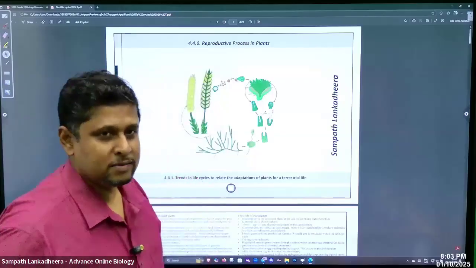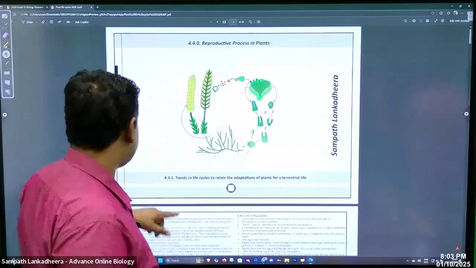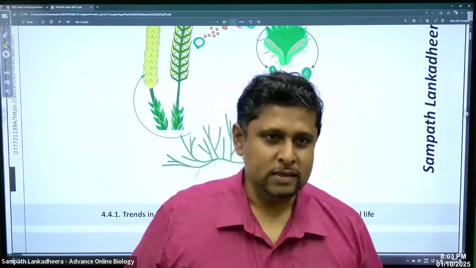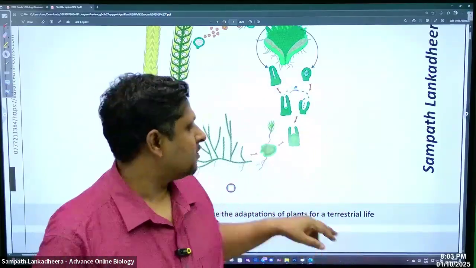We'll start with the plant life cycle first. We have to start with the Pogonatum life cycle, but before that, we have to talk about the general plant life cycle.